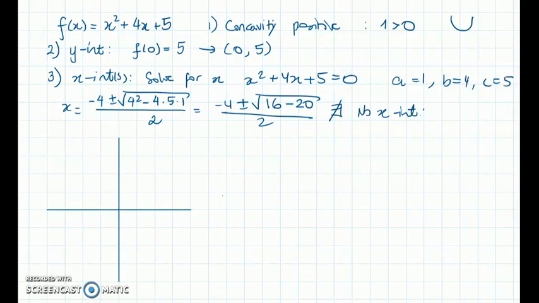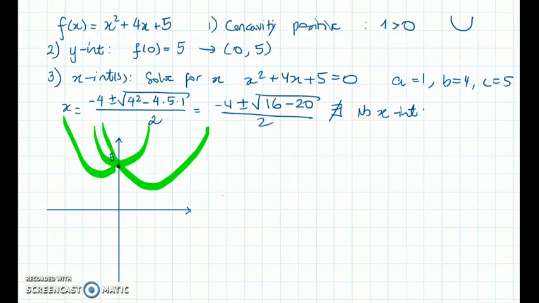So let's see what we have so far for our quadratic function. We know that the y-intercept is here at the point (0, 5), and we know that it has positive concavity and it does not cross the x-axis. So it could be, well, if the vertex will be at 5, then it will be this shape, or it could be something like this, or it could be something like this. I need to figure out what the vertex is.